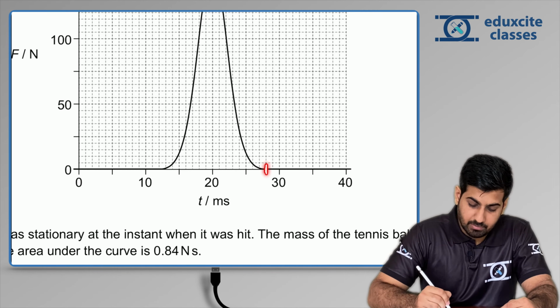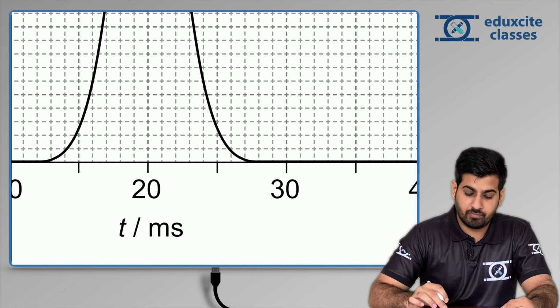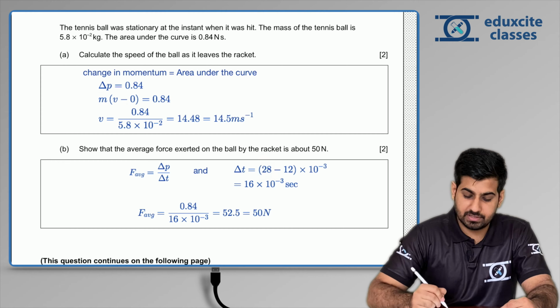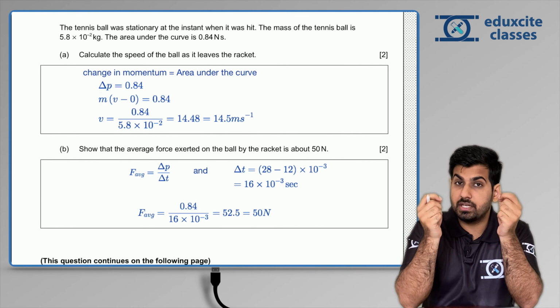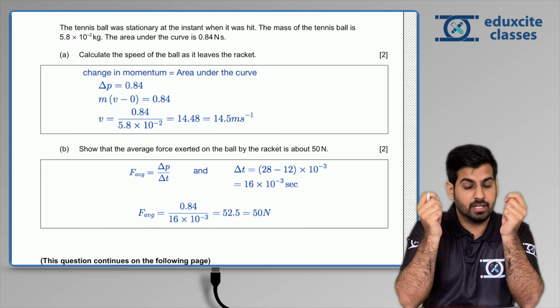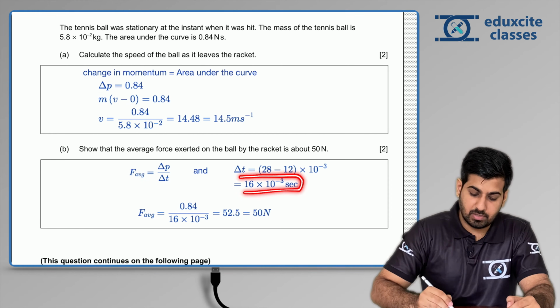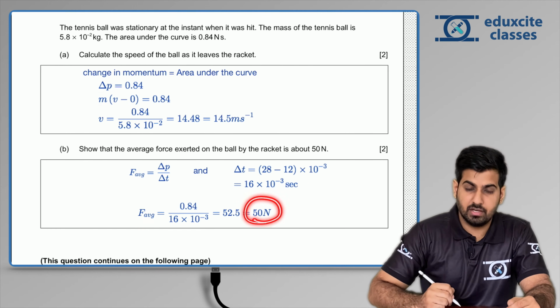So 28, because you can see there is a slight slope here. We have taken 28 when it leaves and 12 when it is in contact. That is the time period in which the ball is in contact with the racket. So we have calculated 16 times 10 raised to the power minus 3 seconds. So F average comes out to be 50 newtons.